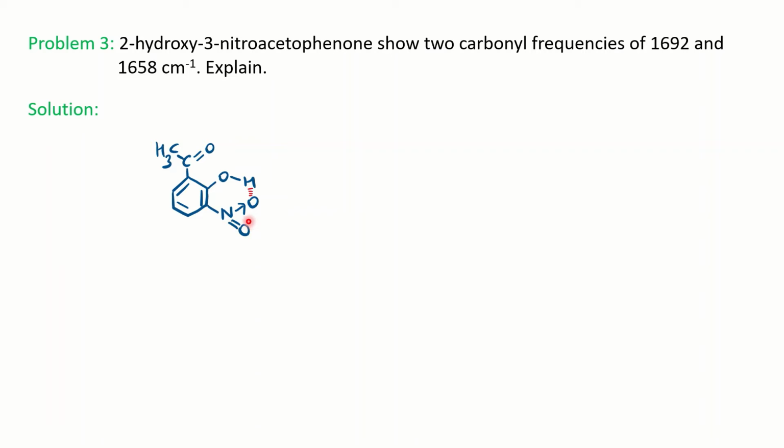And there are two possibilities. One is that the OH group, which is at the 2 position, may form a hydrogen bond with the nitro group oxygen, and the other possibility is that the same hydrogen of the OH group can form a hydrogen bond with the carbonyl oxygen. Now usually the carbonyl frequency for a ketone comes around 1715.